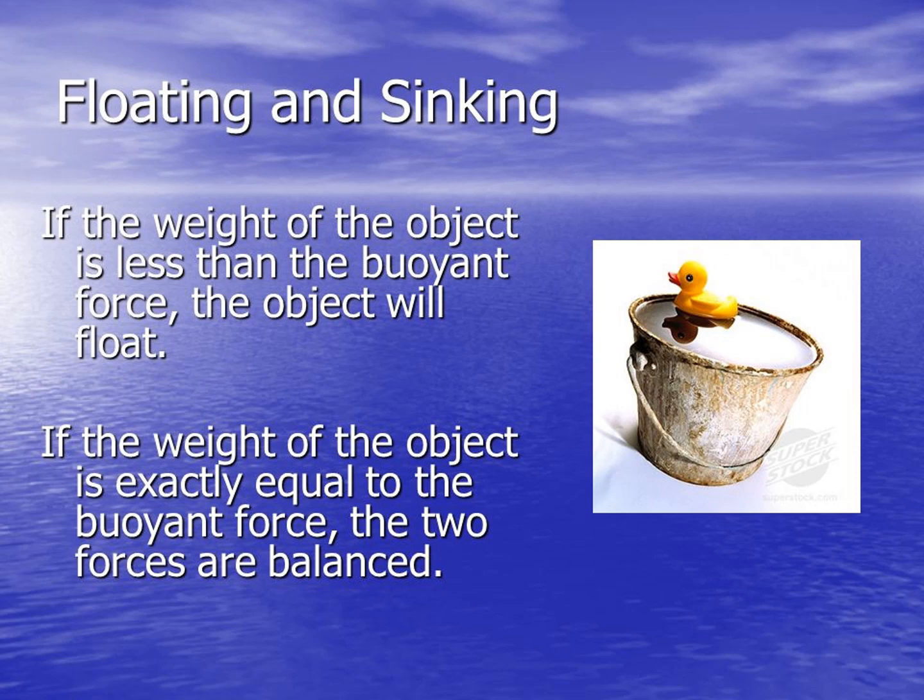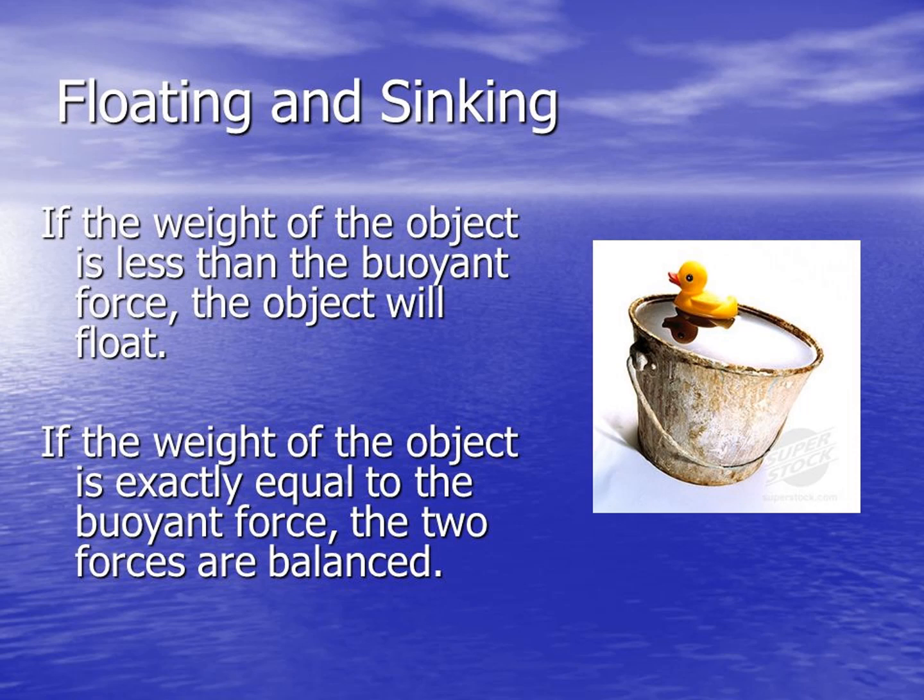Floating and sinking. Whether an object will sink or float in a liquid is determined by the density of the object compared to the density of the liquid. If the density of the substance is lesser than the density of the liquid, it will float.